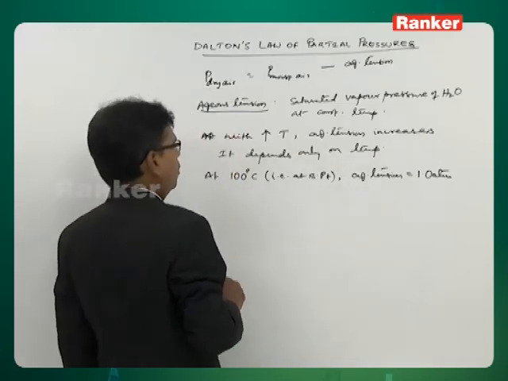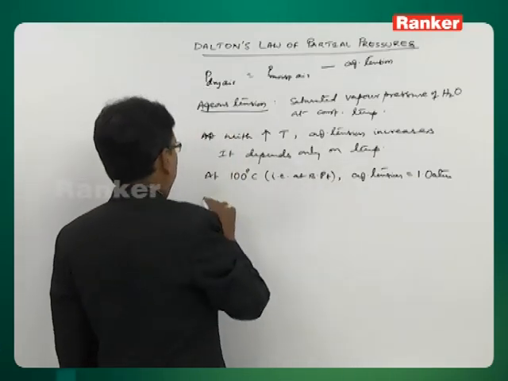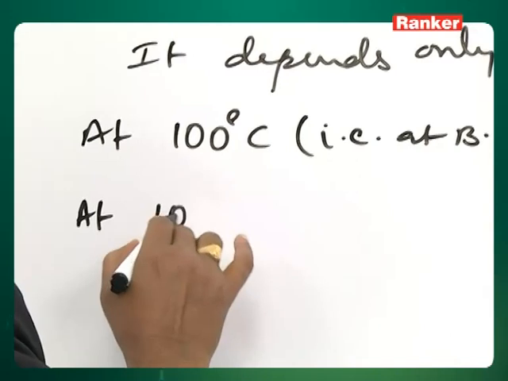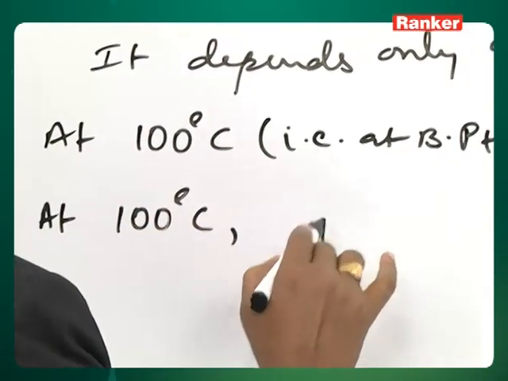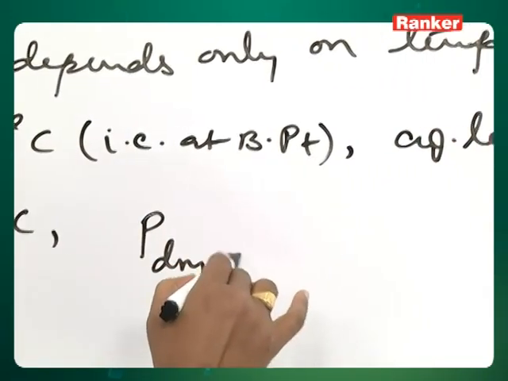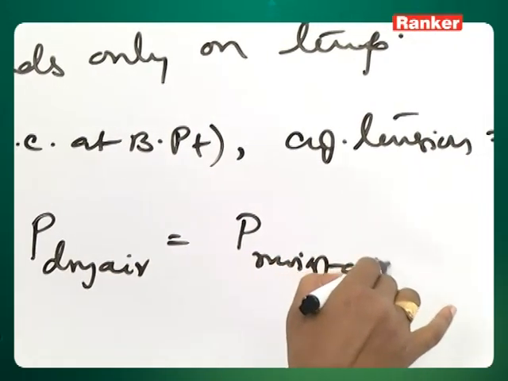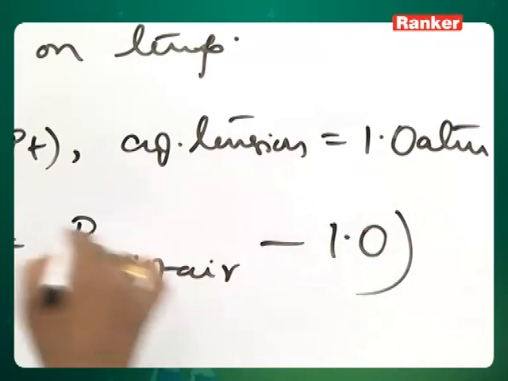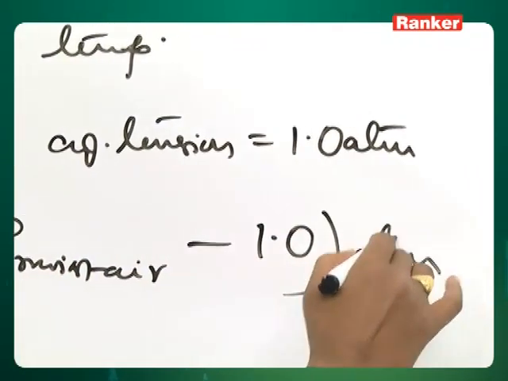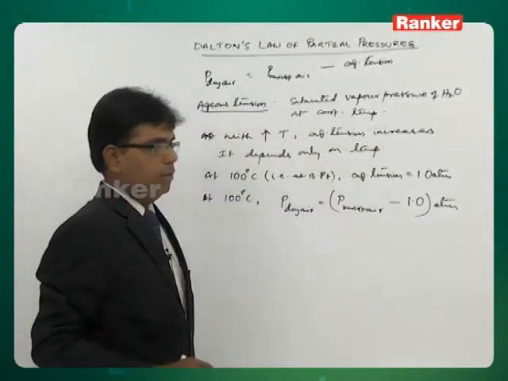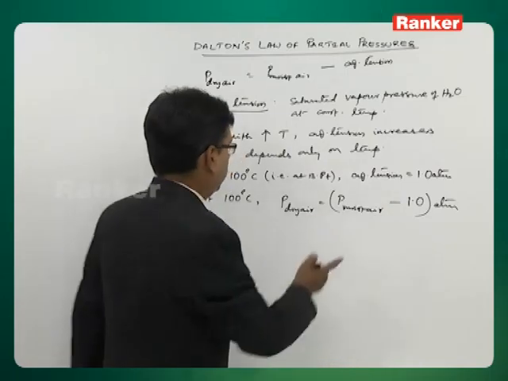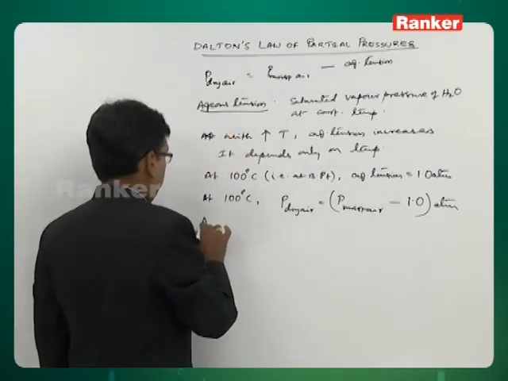So, at 100 degrees Celsius you can write that pressure of dry air is equal to pressure of moist air minus 1 atmosphere, right.